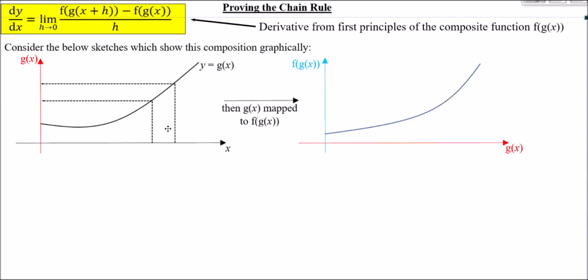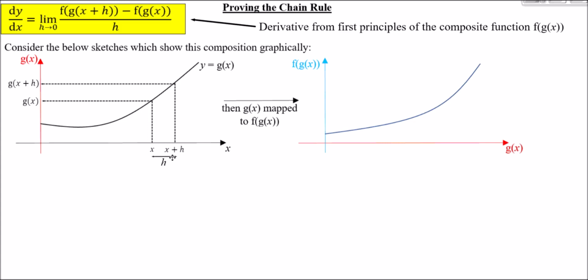Now, for derivative from first principles, we need to take 2 points fairly close together on the x-axis. So if I call this point x, and this point here is h bigger, this will be x plus h. So x will get mapped to g of x, and x plus h will be mapped to g of x plus h. And the difference in between, like I say, is h.